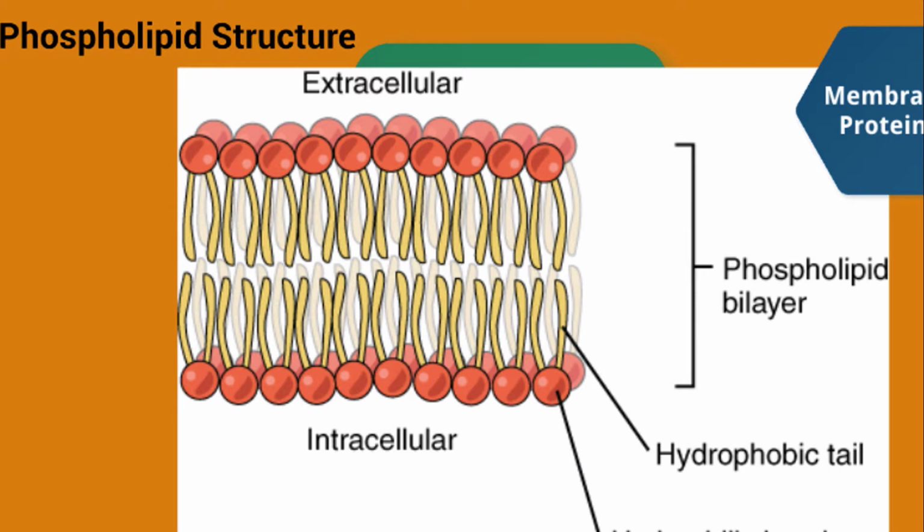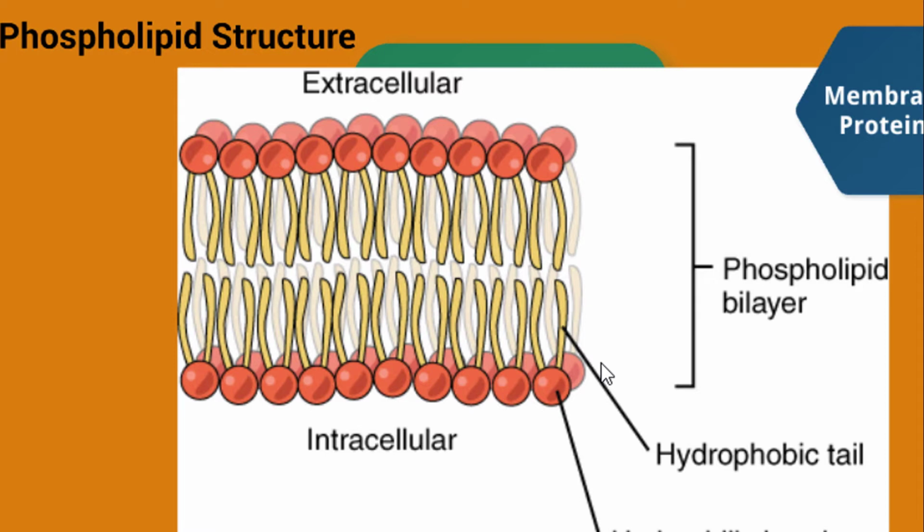The lipid tails of one layer face the lipid tails of the other layer, meeting at the interface of the two layers. The phospholipid heads face outward, one layer exposed to the interior of the cell and one layer exposed to the exterior.